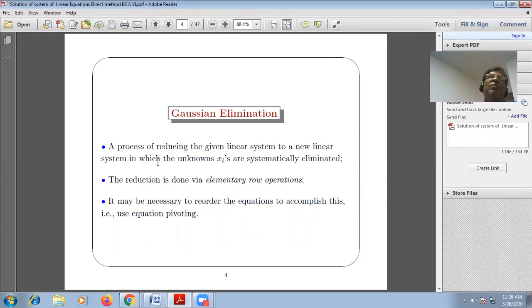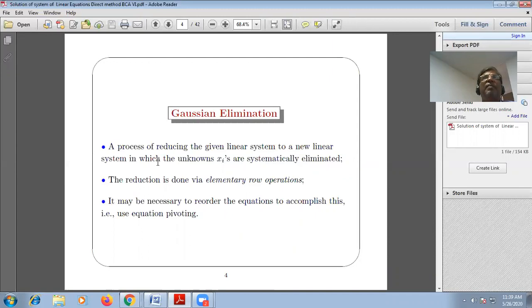If you have to find the value of three variables, you will have three equations. If four variables, you will have four linear equations.